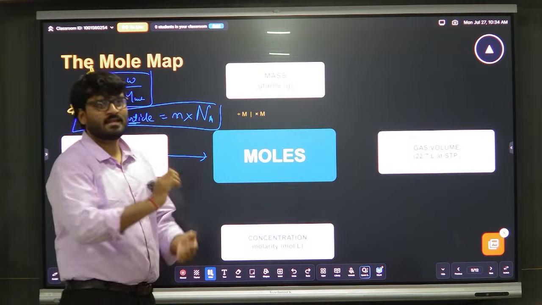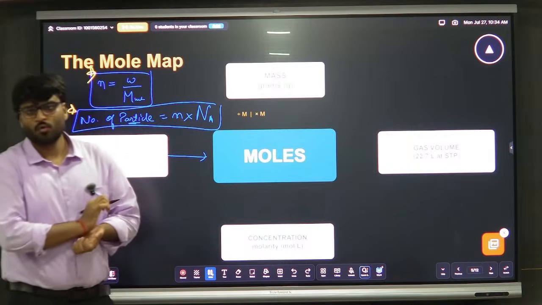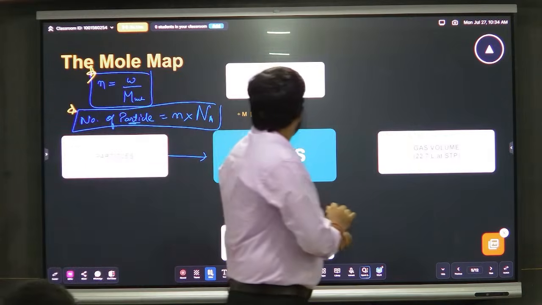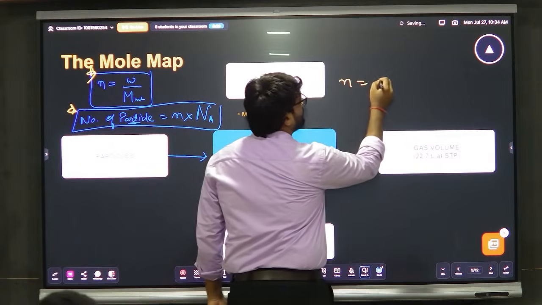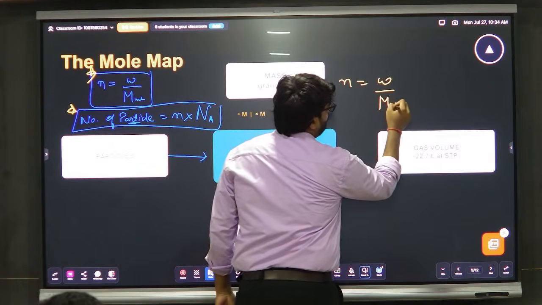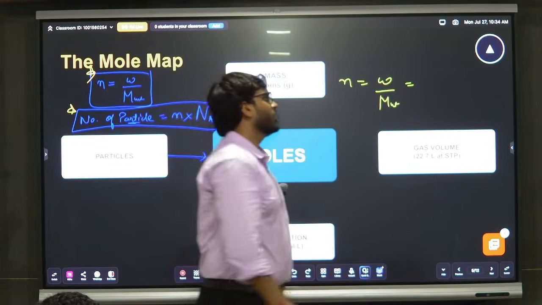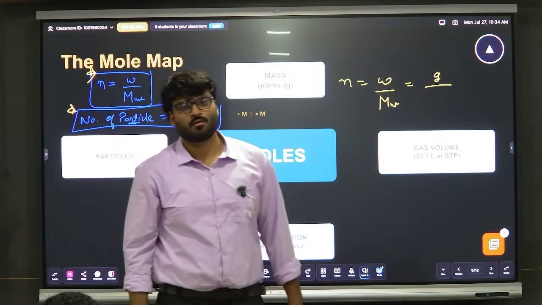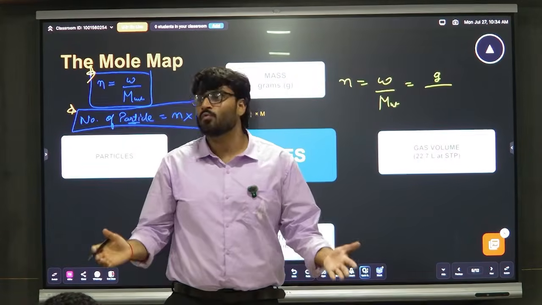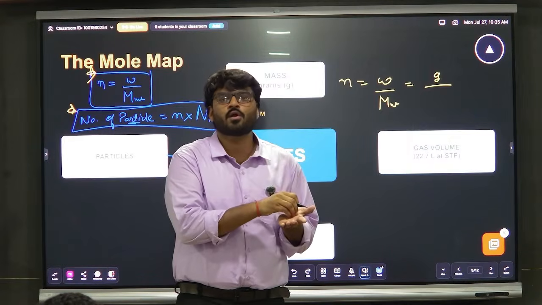Okay, one very interesting thing that I was thinking about yesterday. I want you to answer it. The formula for number of moles is mass by molar mass. What is the unit we'll take here for W? Grams. Very good. What is the unit we take for the molecular weight of any compound? AMU. Let's say I have 36 grams of water.